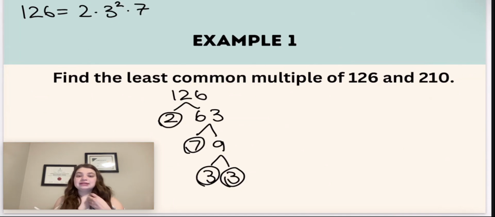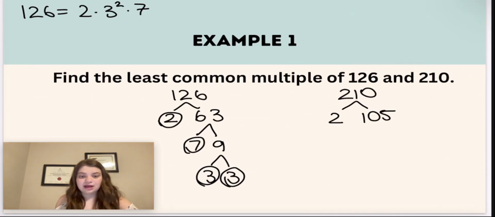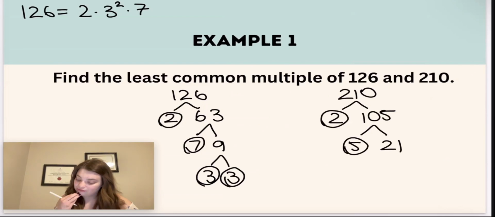All right, the next number is 210. So let's do that one as well. 210 is the same as 2 times 105. 105 is divisible by 5, so 5 times 20 would give us 100, so that means 5 times 21 would have to give us 105.